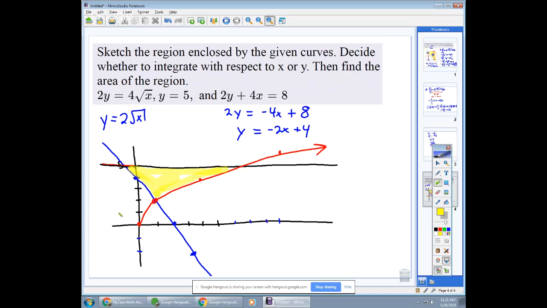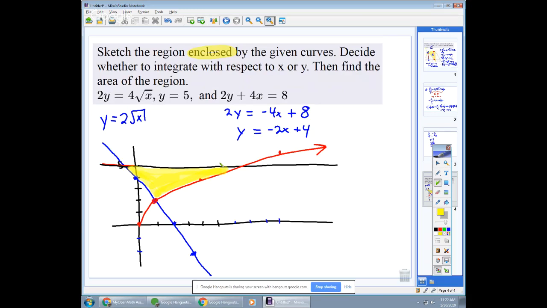So does this region out here, is that contained? No. That heads off to infinity, and this function doesn't even exist on that side. Is this region over here contained? No. Now it heads out to infinity, up here, out to infinity, out there, out to infinity. Right, so we're trying to find the region enclosed or contained. And that's the only part I can see that's contained. You guys with me? Okay.